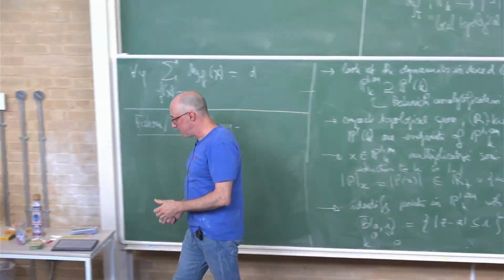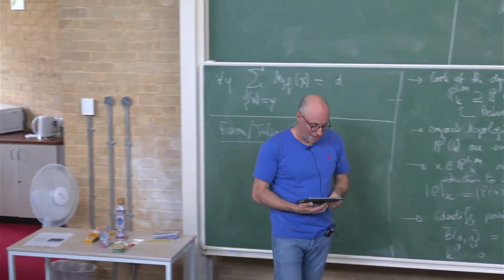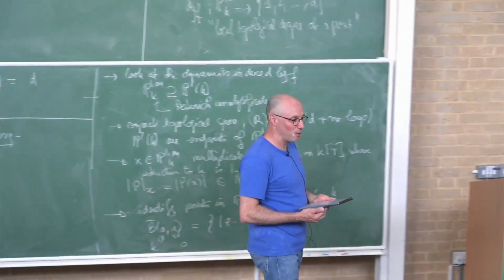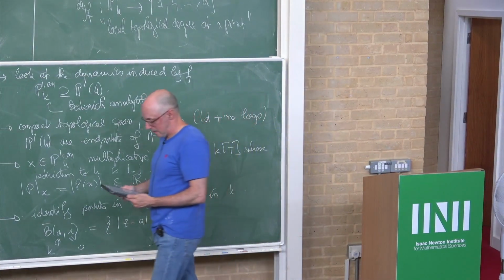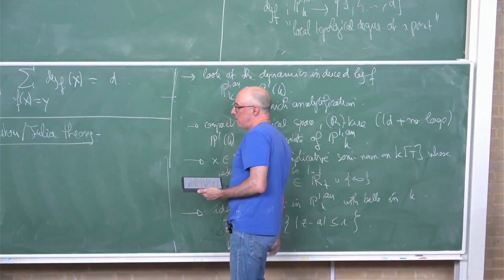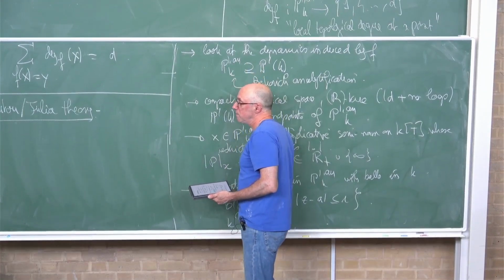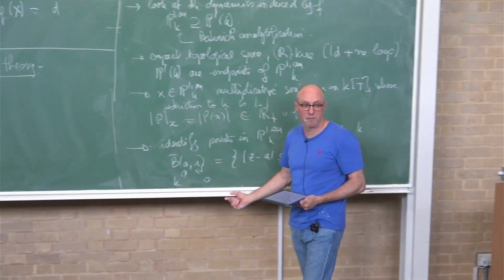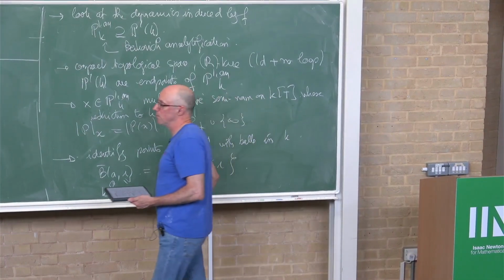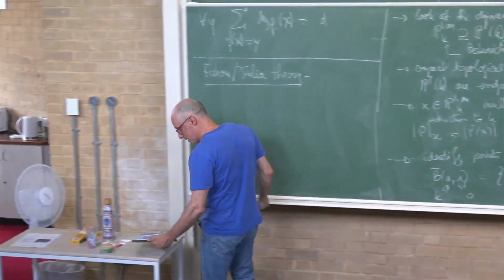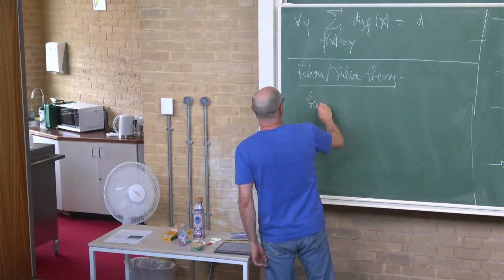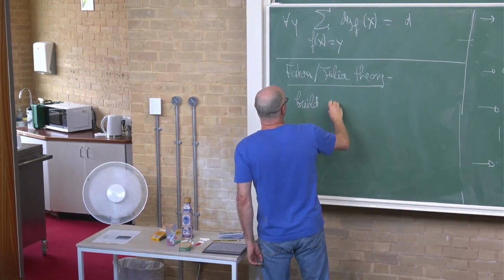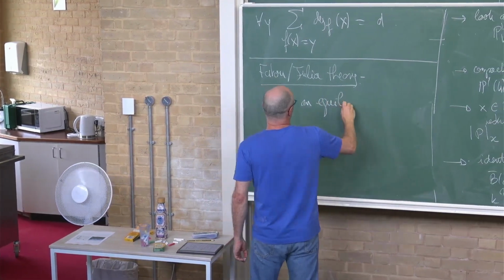I remember that my advisor was Nessim Sibony, and he's always using potential theory. And so I'm going to do exactly the same. I'm going to construct a measure and define the Julia set as being the support of that measure. Okay, you're not very happy, but this is the way I'm going to do it. So we're going to build an equilibrium measure.